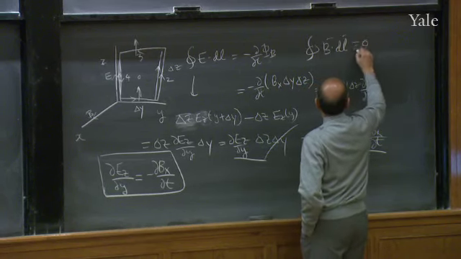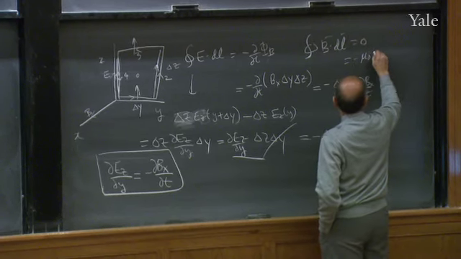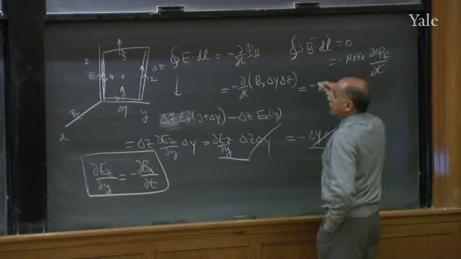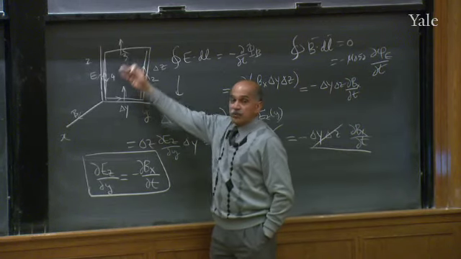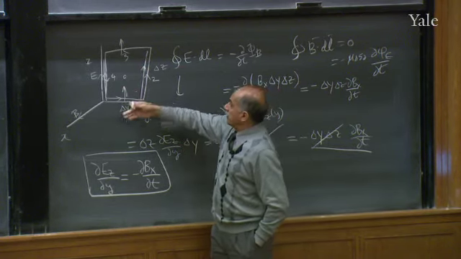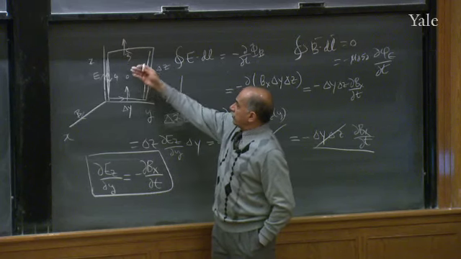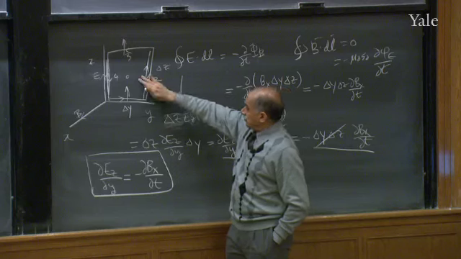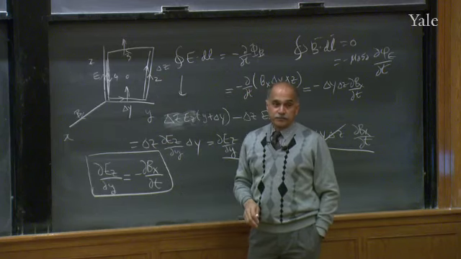And that better be equal to minus mu 0 epsilon 0 d phi electric dt. That is the case because there is no electric flux coming out of this face. The electric lines are in the plane of the loop. There is no electric flux. There is no rate of change. So it's 0 equal to 0.